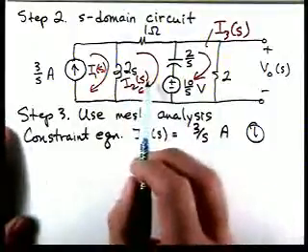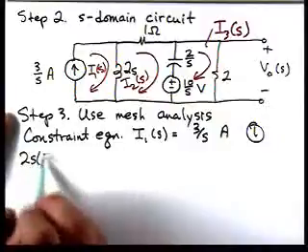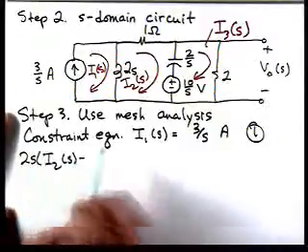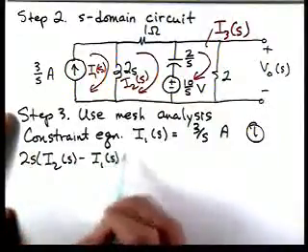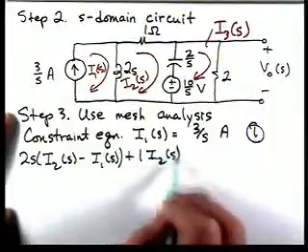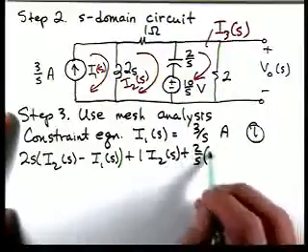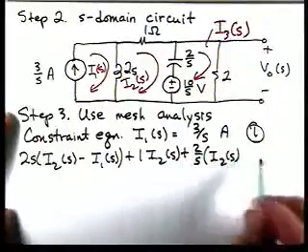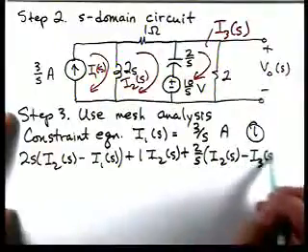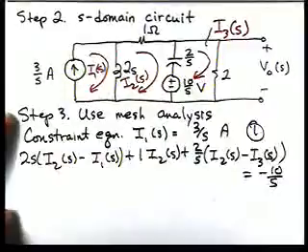KVL to the middle mesh. If we do that, we'll have 2s times I2(s) minus I1(s), plus 1 times I2(s), plus 2 over s times I2 minus I3, and that's equal to minus 10 over s.